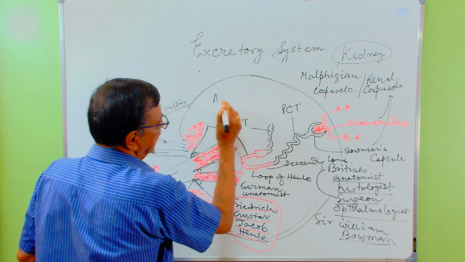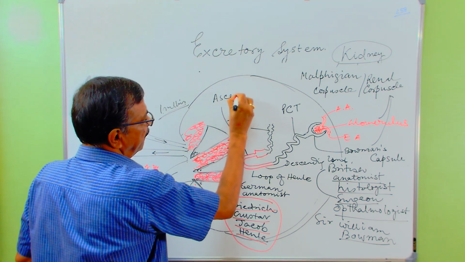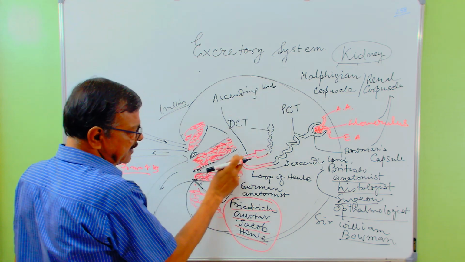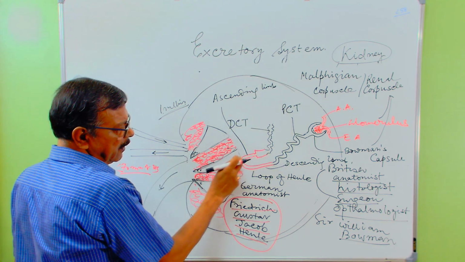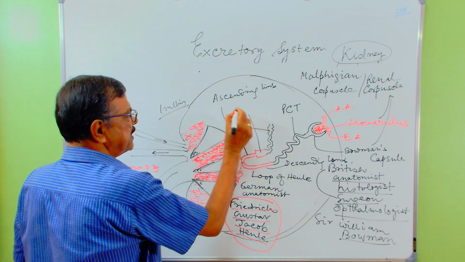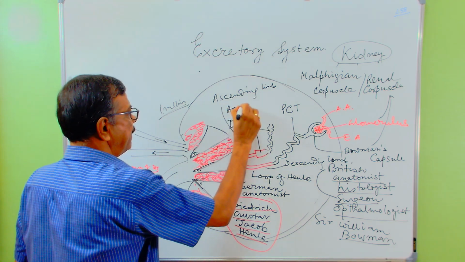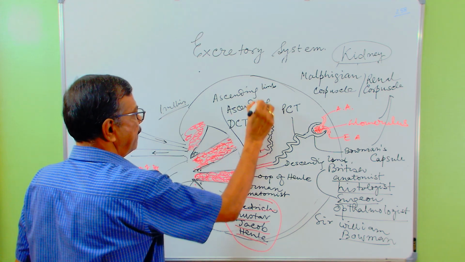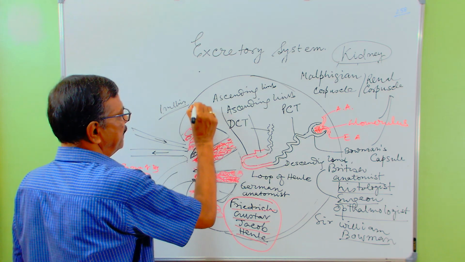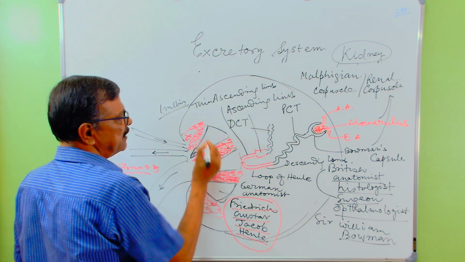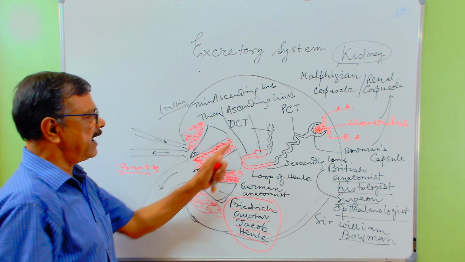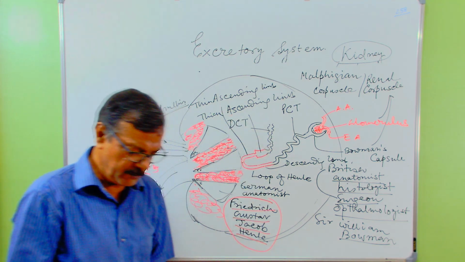The ascending limb is made up of two things, thin and thick: thin ascending limb and thick ascending limb, and then the distal convoluted tubule.